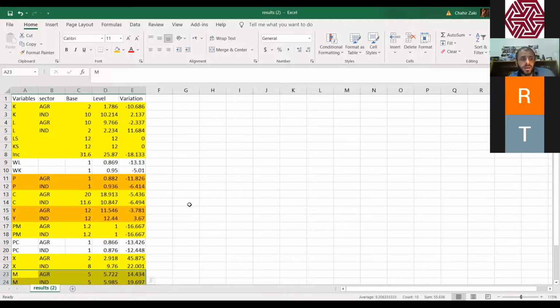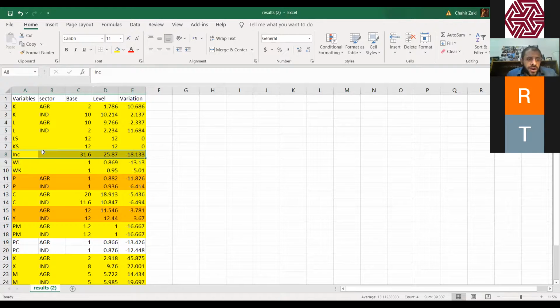And that's why here wages of labor, or WL, is -13 while WK is -5. This is due to the fact that we reduce the demand of labor, and this affects my income. So there is here a significant decrease in income, right?